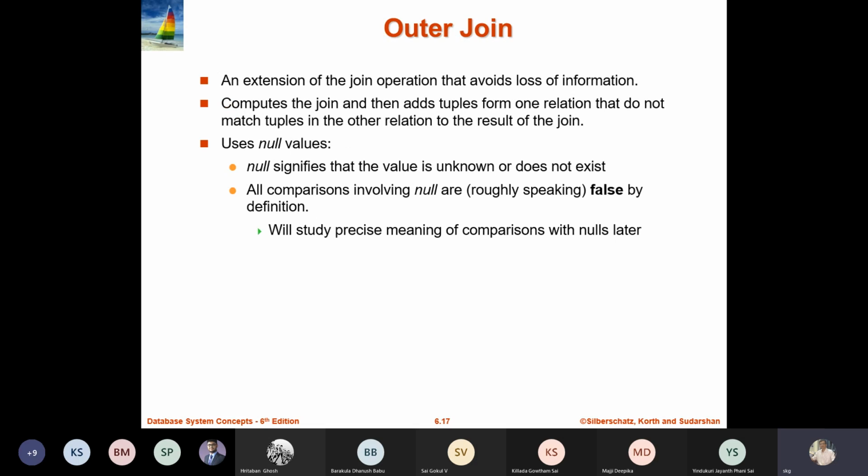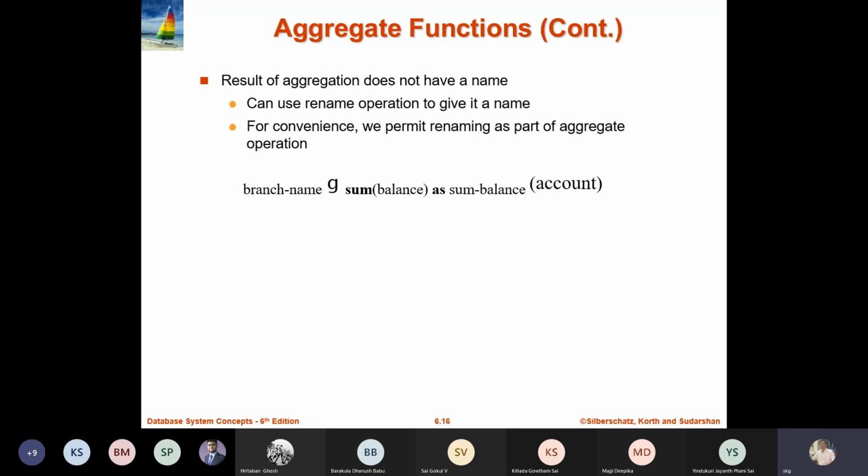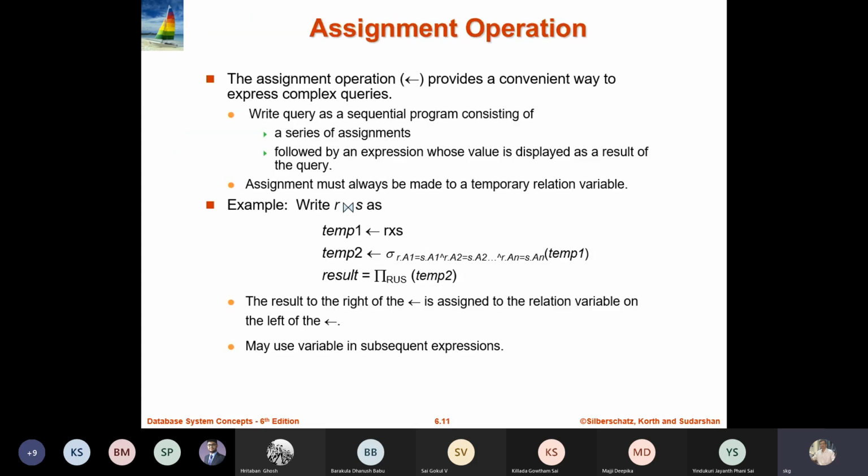In case of a natural join, what we see is that it basically takes those which are common in the 2 attribute sets. Sigma of R1 A1 equal to S1 A1, R1 A2 equal to S1 A2, and so forth.